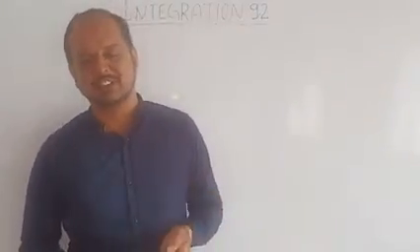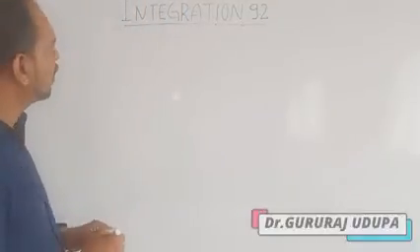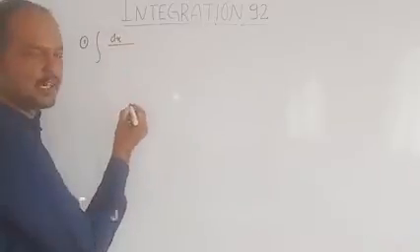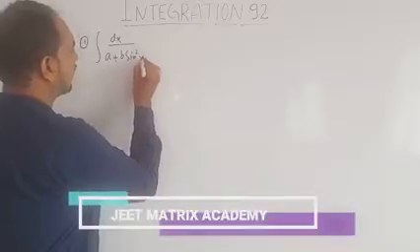Today we'll discuss the next form, form 11. Three types of forms you can observe. The first one is the integration of dx divided by a plus b sin square x.